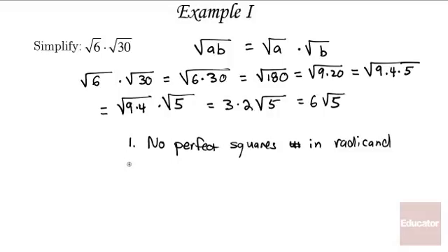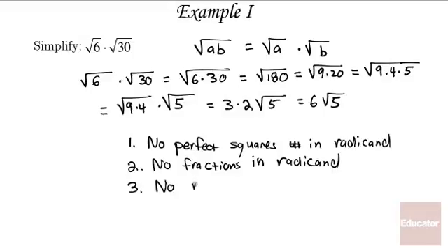Okay, my second criteria is that I have no fractions under the radical. So the radicand does not contain fractions. And finally, there are no radicals in the denominator. This expression meets all three criteria, so it is in simplest form.